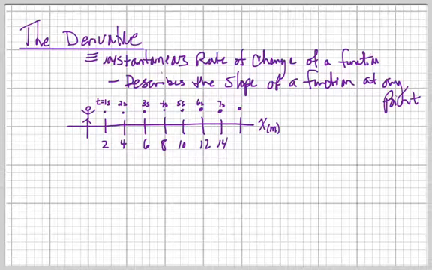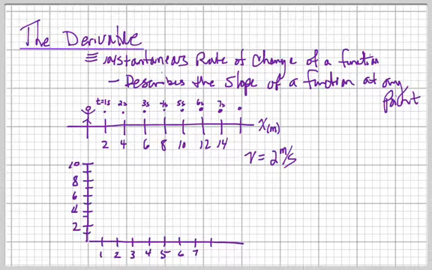At 2 seconds he's at 4 meters, and at 3 seconds he's at 6 meters, and at 4 seconds he's at 8 meters. So we can ascertain from our graph that he's got a velocity of 2 meters per second. Positive 2 meters per second. That's pretty straightforward there.